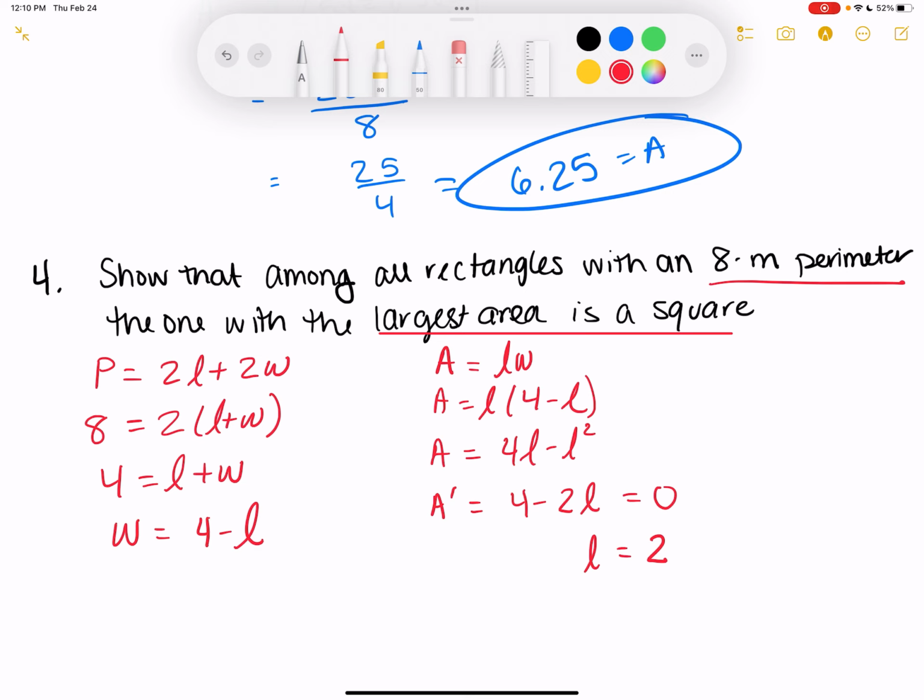So then we can do our little sign chart, okay, for the derivative. So if I put in 1 into the derivative, so into A prime, what do I get? Or 0 for that matter, it doesn't really matter.